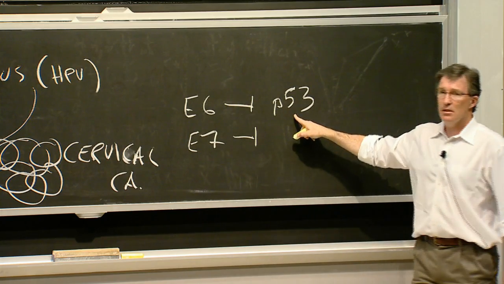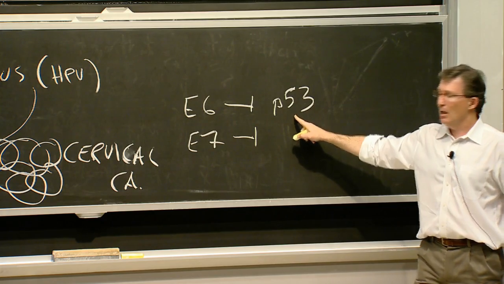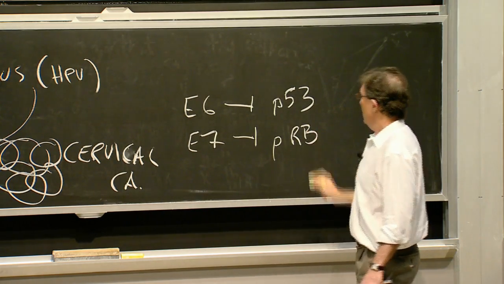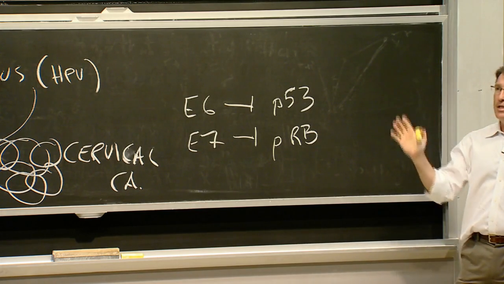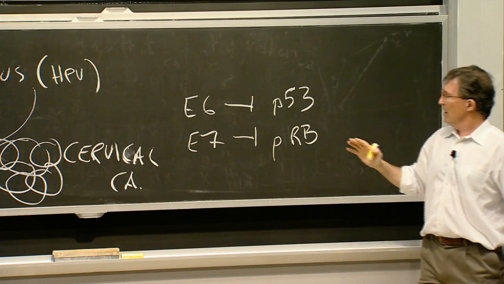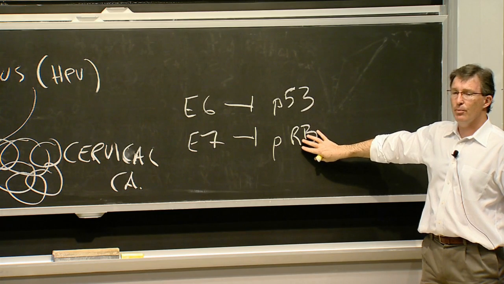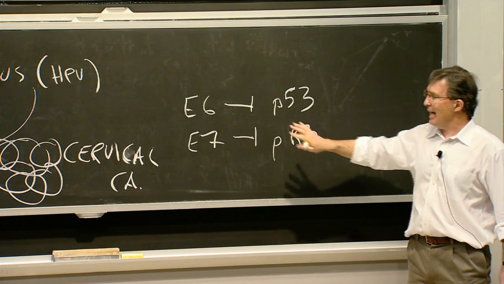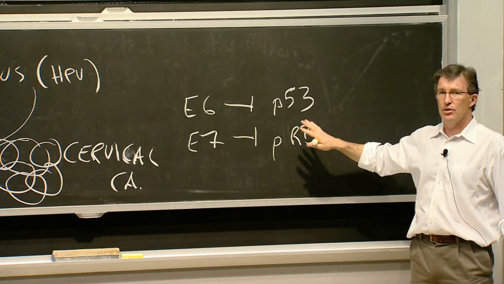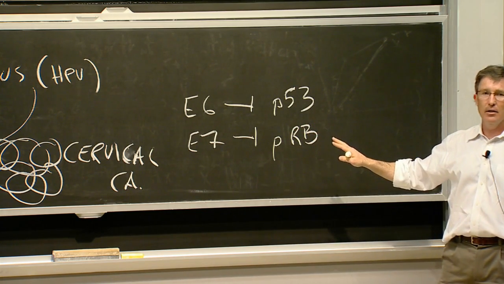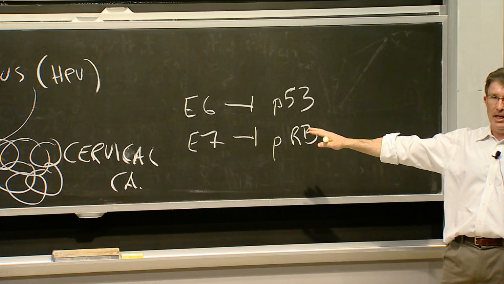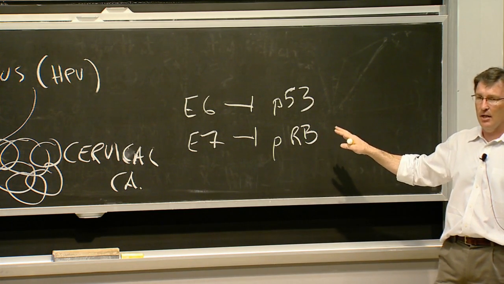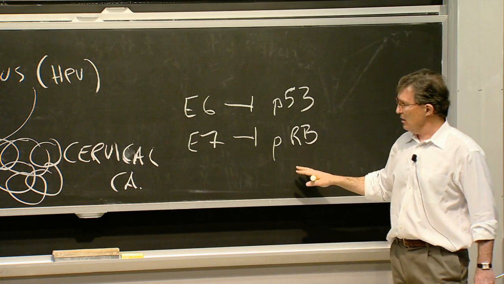E6 inhibits p53, and E7 inhibits RB. So the virus, for its own reasons of viral replication, takes out these two tumor suppressor genes. And as such, the cells are lacking these two critical tumor suppressor genes, and they're well on their way to becoming uncontrolled cancer cells. Okay, so that's how HPV high-risk types cause cancer.